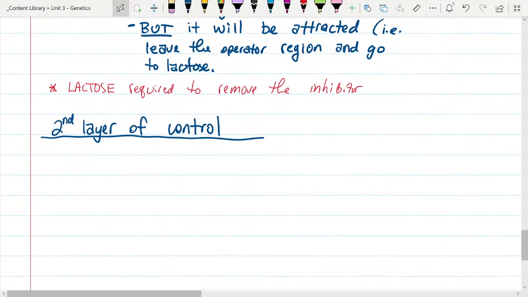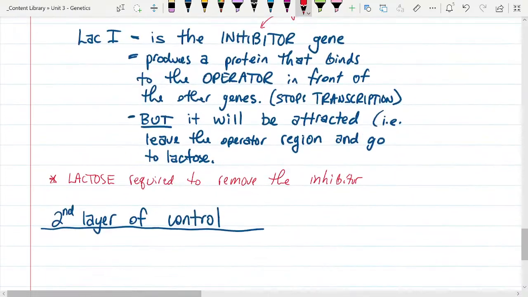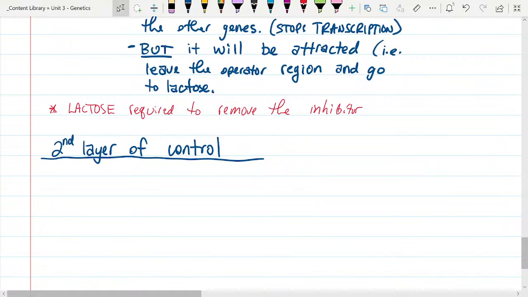Okay, so we have our negative transcription factor, right? This is a negative transcription factor, right? It inhibits. But there's also a positive transcription factor, all right?